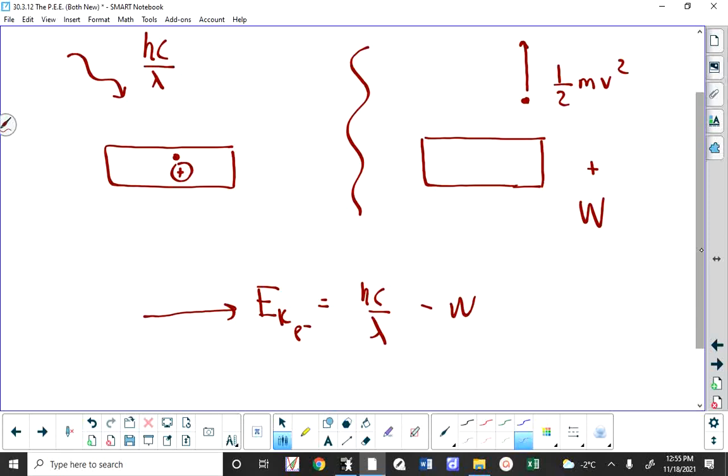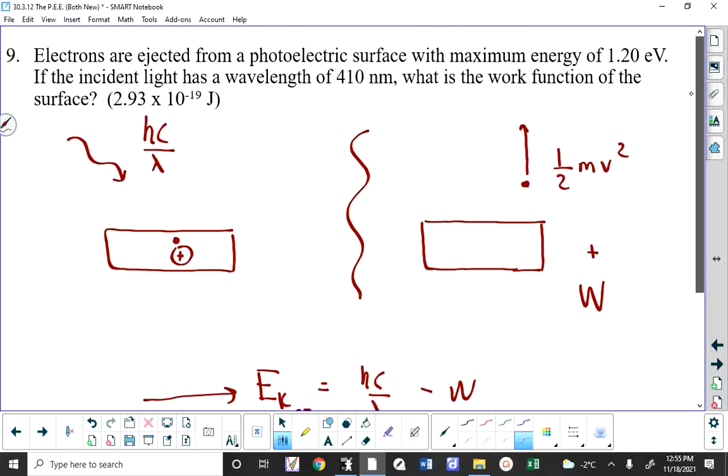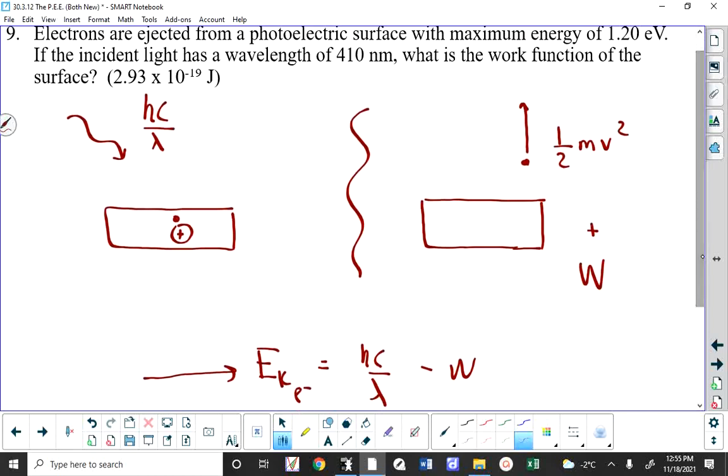Either way, we have enough information to calculate the energy of the electron. In fact, we're told the energy that the electron has. And we have enough information that we can calculate the energy of the photon using hc over lambda.